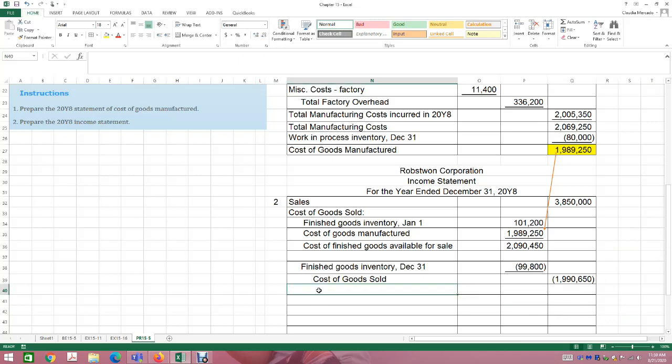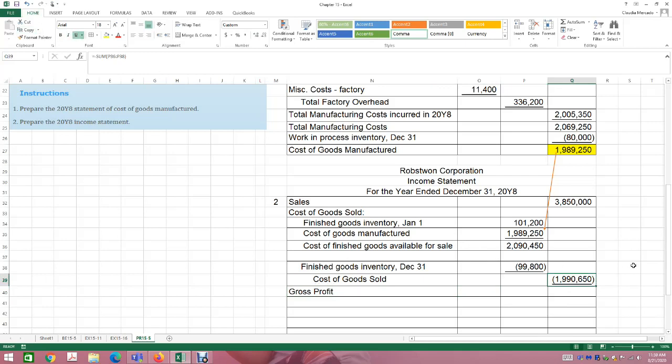Now I can calculate my gross profit. Well, you sold your goods for 3,850,000. That's your sales amount. You spent 1,990,650 making the product. So what is your gross profit?